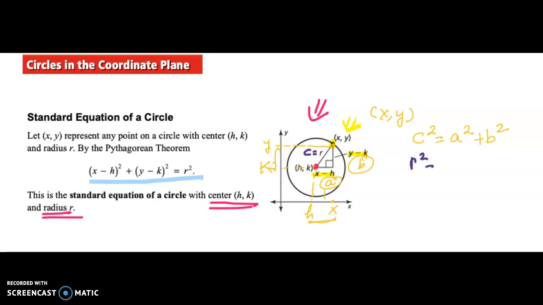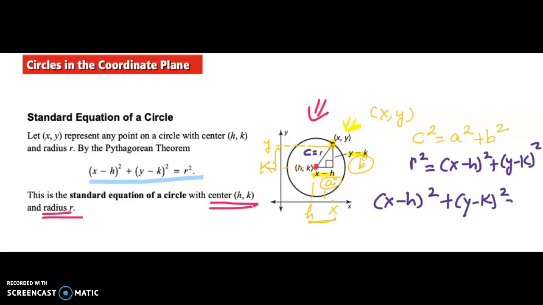I will get r squared equals A, which is x minus h, squared, plus B, which is y minus k, squared. So (x minus h) squared plus (y minus k) squared equals r squared. Nothing to be scared about; it is just derived from the Pythagorean theorem.